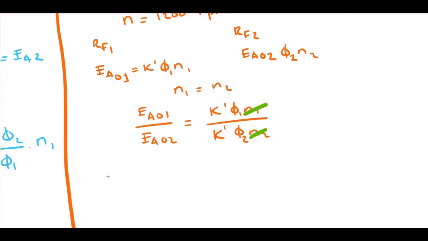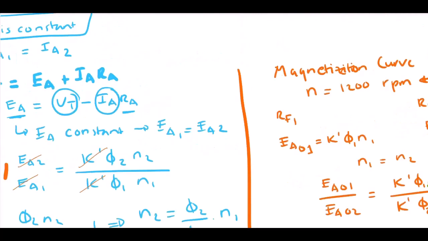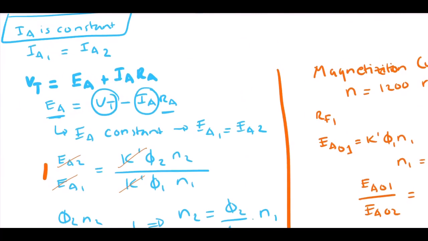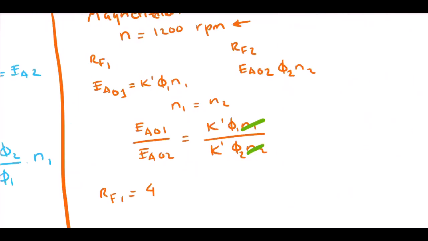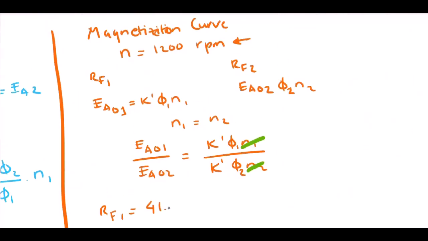Okay, when RF1 equals 40, what is the value again? 41.67. And RF2 is 50 ohms.